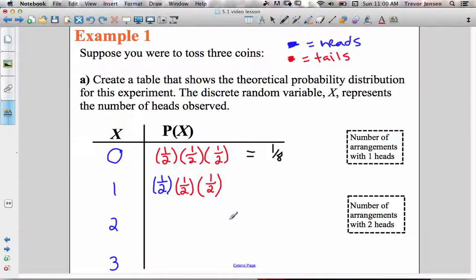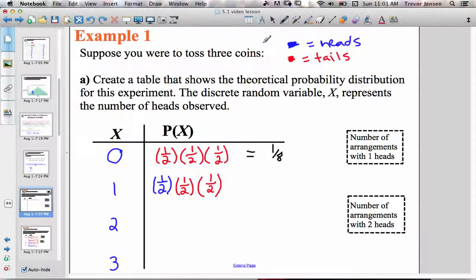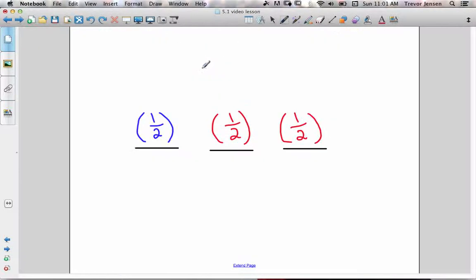Now, think to yourself, is this the only way this could happen? Is the only way I could get one of them heads would be getting the first one heads and then the next 2 tails? And if you think about that carefully, the answer would be no. If we want to figure out how many ways could one of my 3 outcomes be heads, well, I could start off by getting tails.